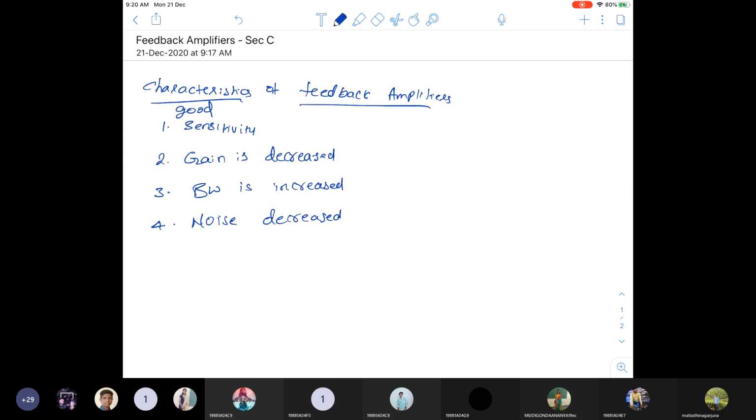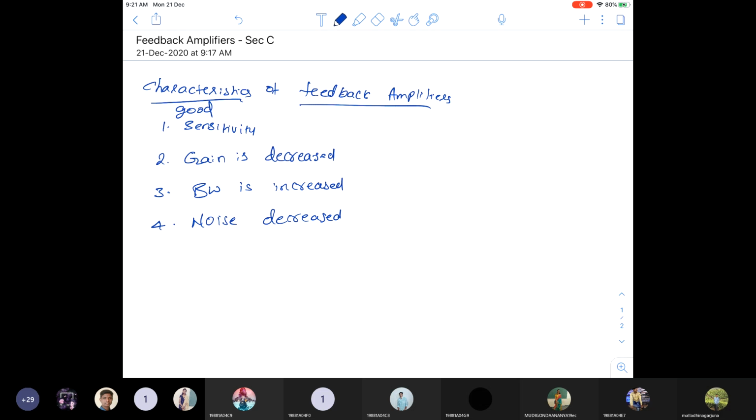If you take current sampling, current is constant. Voltage sampling means a shunt connection; in a shunt connection only the voltage will be constant. Current sampling means a series connection; in a series connection only the current will be constant. So the input has two categories and the output has two types, and we have four combinations: voltage series, voltage shunt, current series, current shunt.